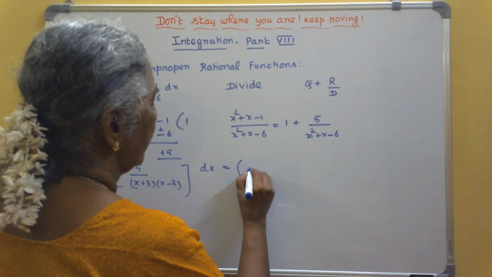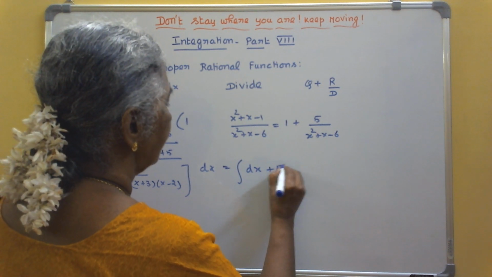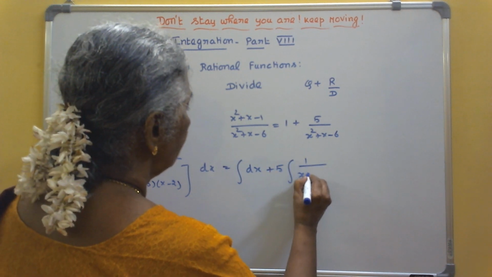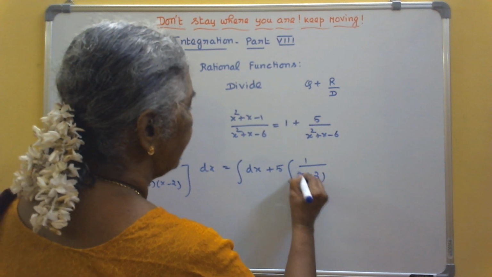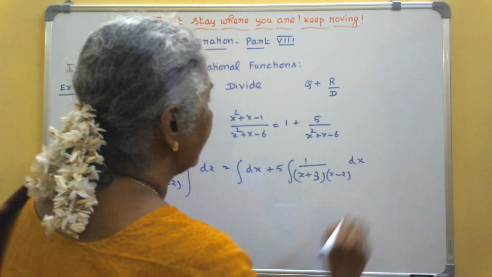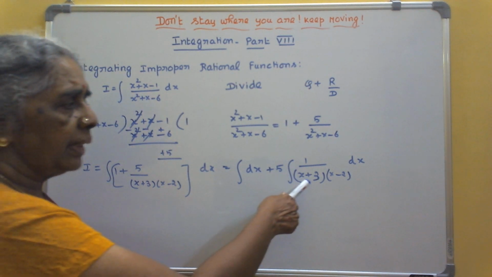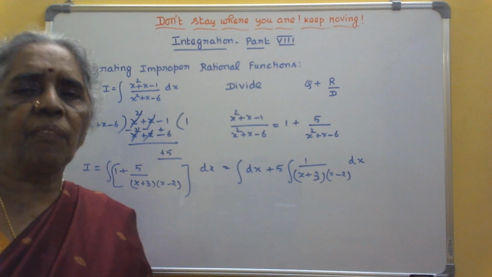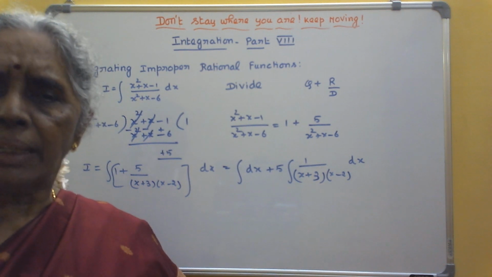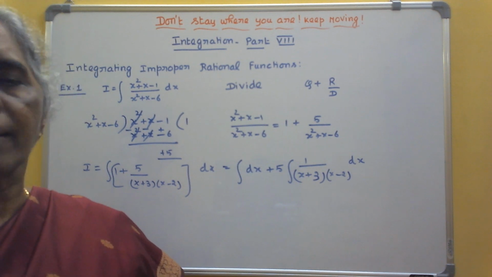The first part is 1 dx and the second part is plus 5, I will take outside. I will get 1 by (x plus 3) into (x minus 2) dx. Do you follow? Now, this is a normal partial fraction. You will write A by B by and you will get the values of A and B, isn't it?